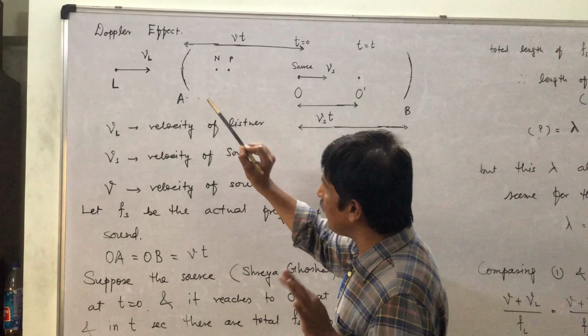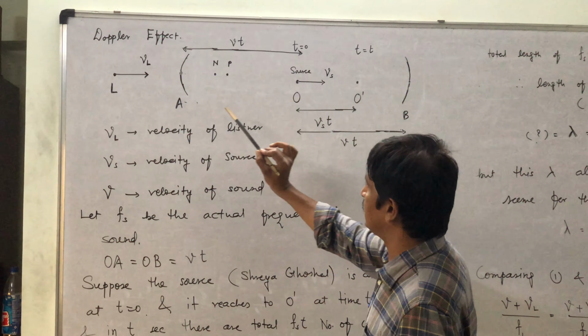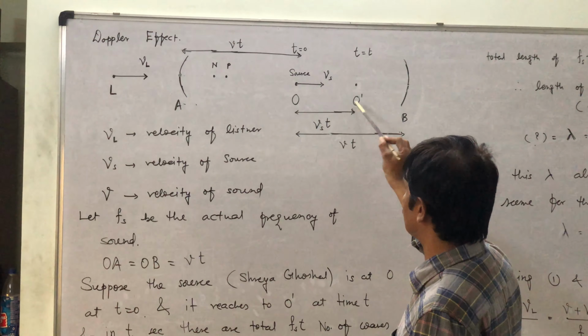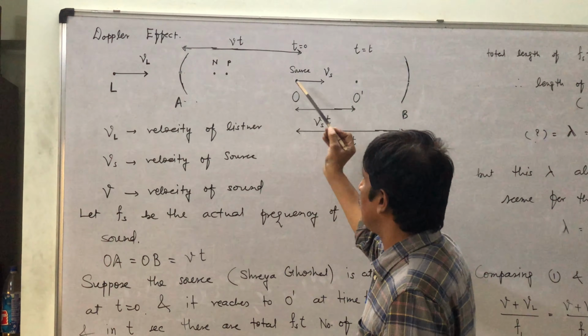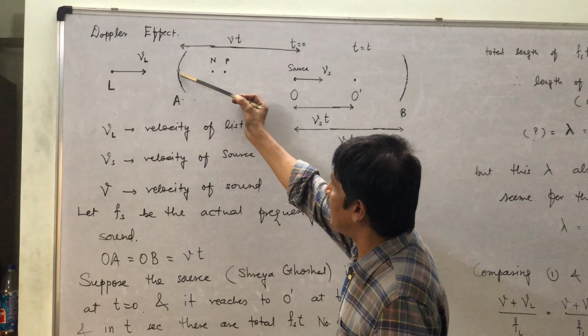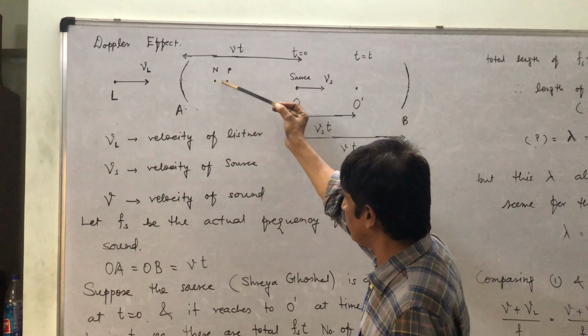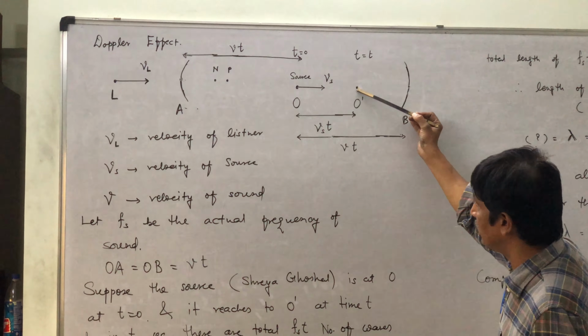So the total length of fst number of waves is AO plus OO dash in this direction, because at time t the first wave reaches this point, then the second wave, the third wave, and so on. The last wave is here.